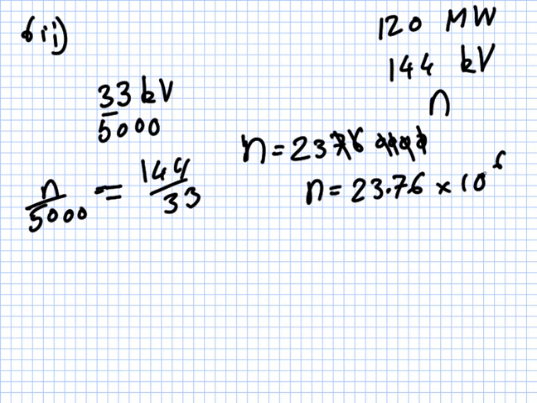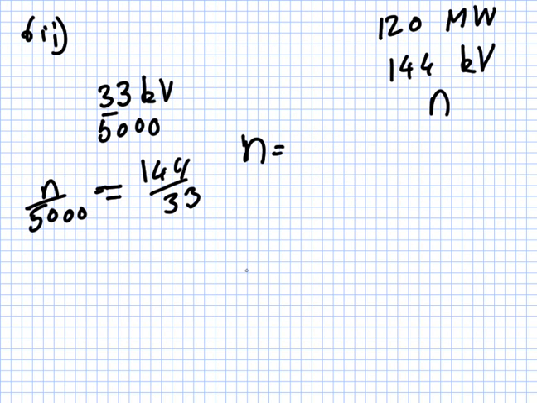Yes, 21.82 times 10. Did I type it in wrong? Yeah. Probably you typed 30 instead of 33. Oh yeah, it is. It's not this big. I had like 2 billion turns. N equals 21,818. Yes, okay. Now, if the transformer is 90% efficient, what is the current passed from the output?